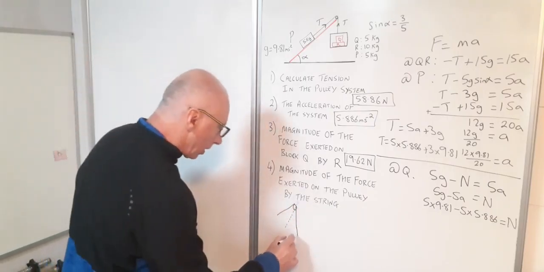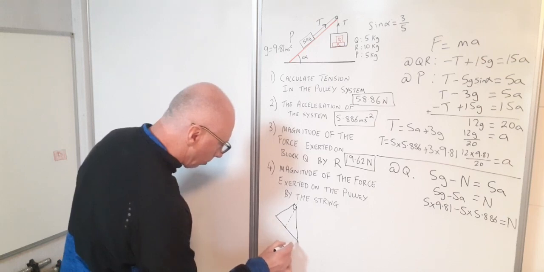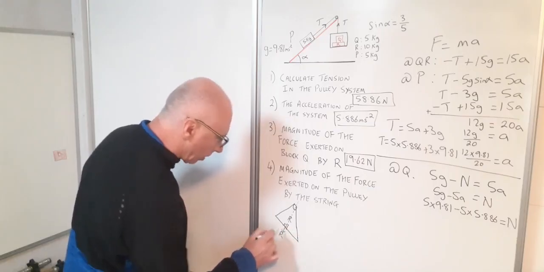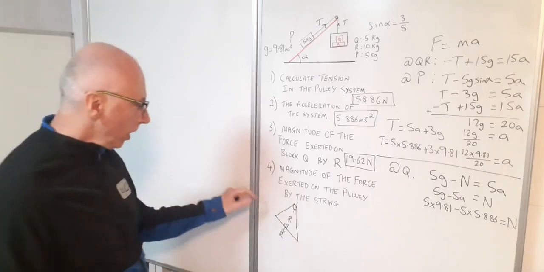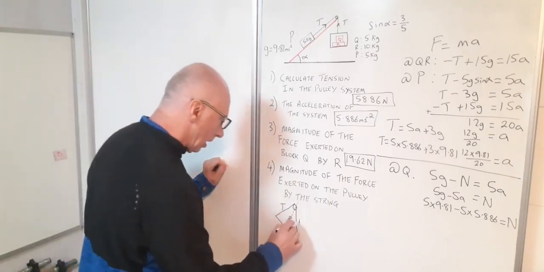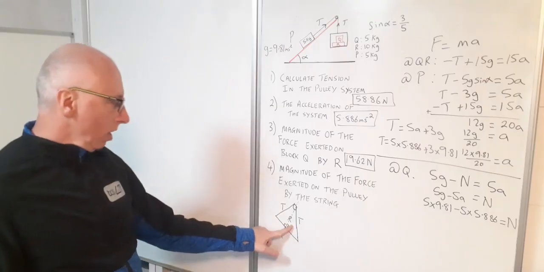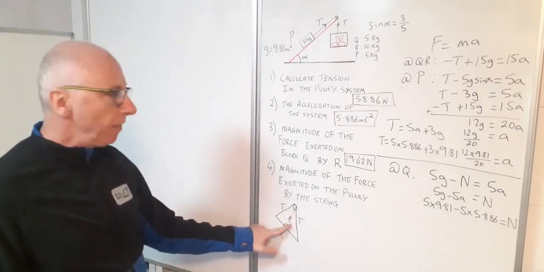And now what I do is, if I just draw and make 2 right angled triangles here, as I'm resolving in this direction, I'm going to call that R. I've got a right angled triangle there and there. This part of the triangles will be T, and as we want R, we need to work out what this angle is to find that first.